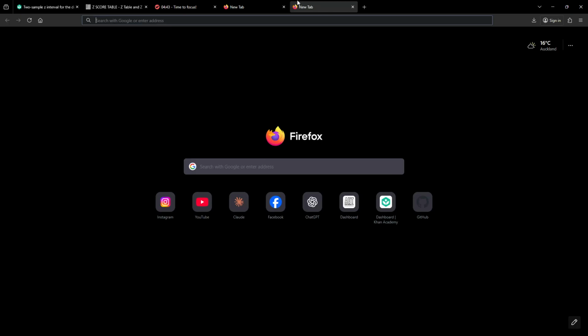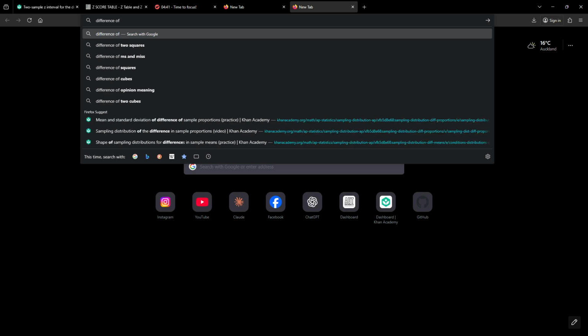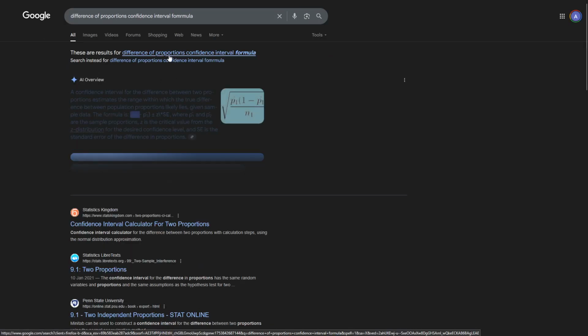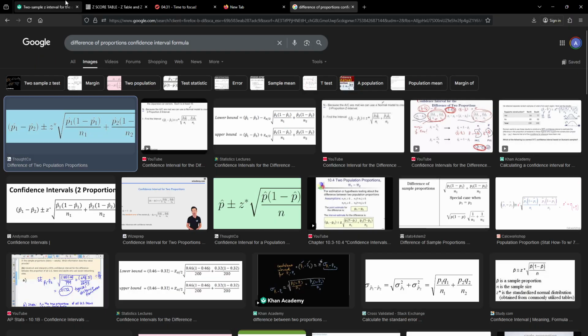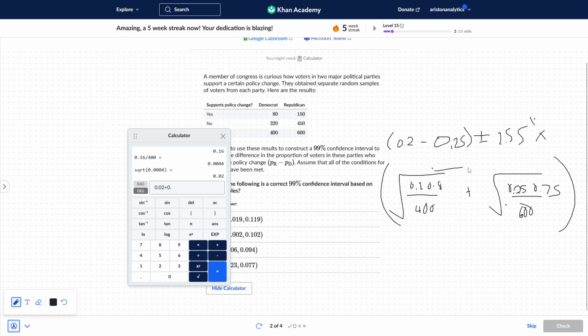Let's just double check the formula. Difference. Oh no, so it's supposed to be like this.